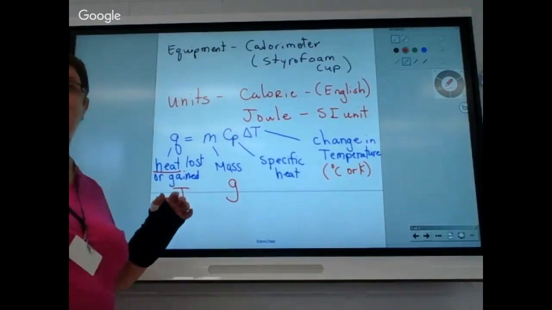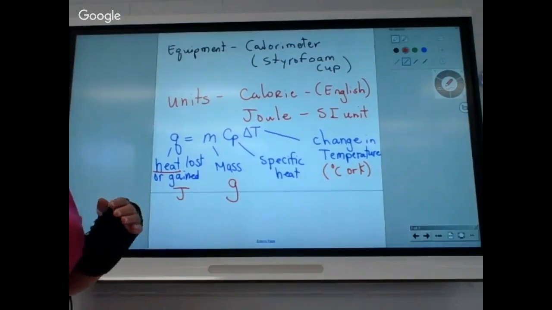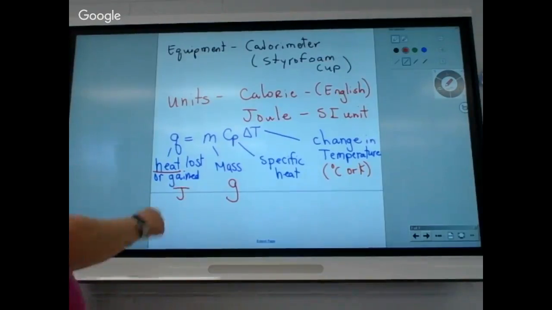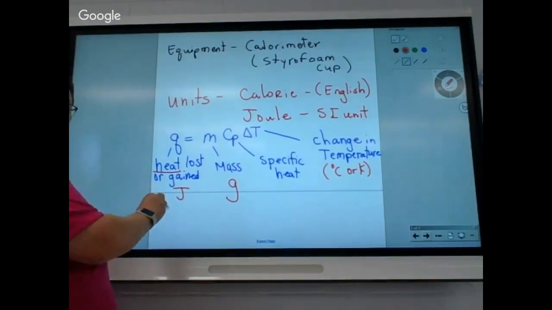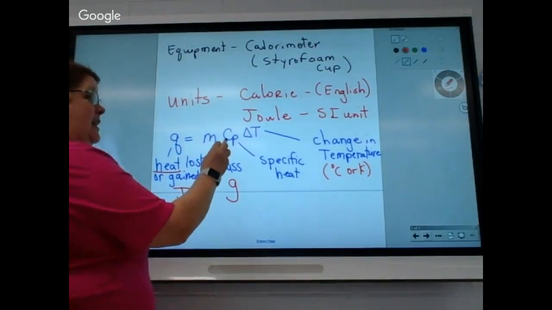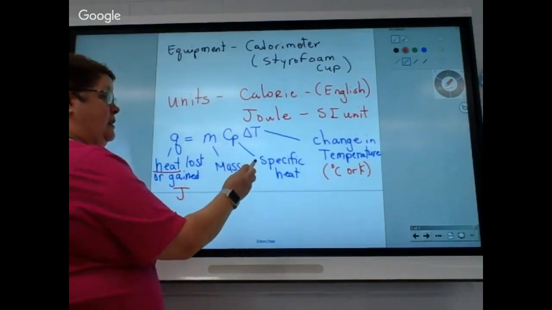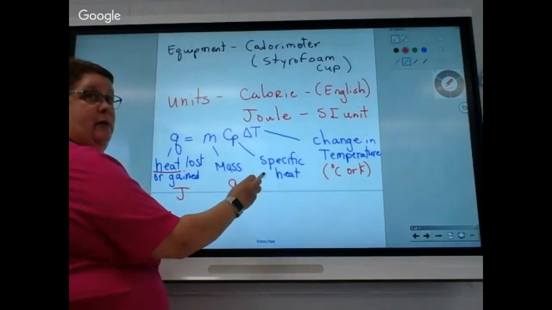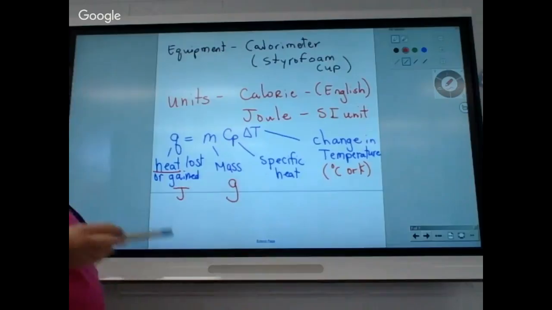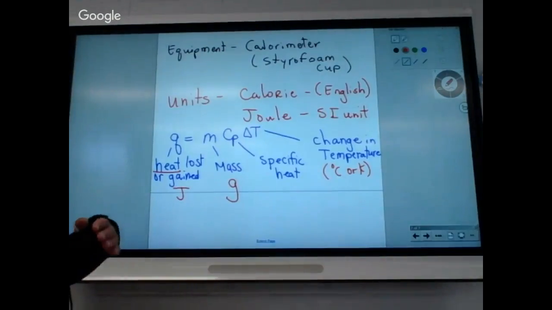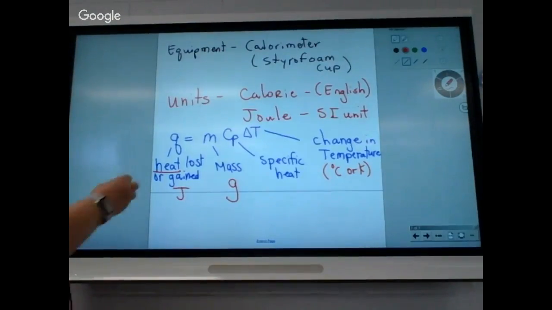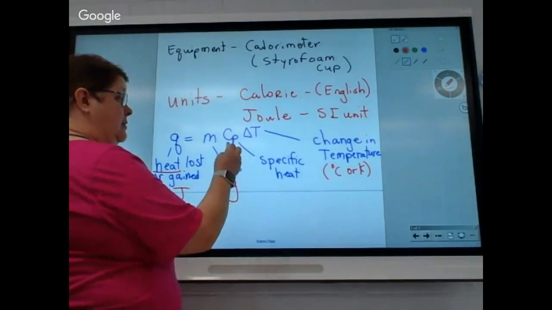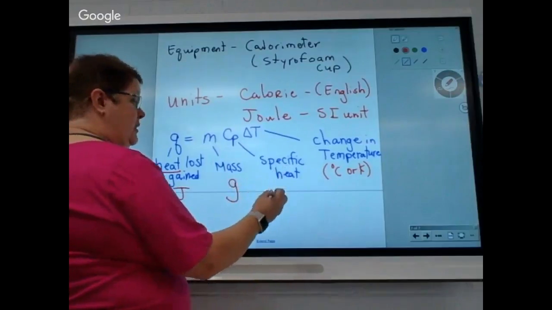In order to be Cp, it has to say specific heat, both words together. If it just says how much heat, the singular word heat, it's talking about Q. Specific heat is Cp, and it has to use both words together.